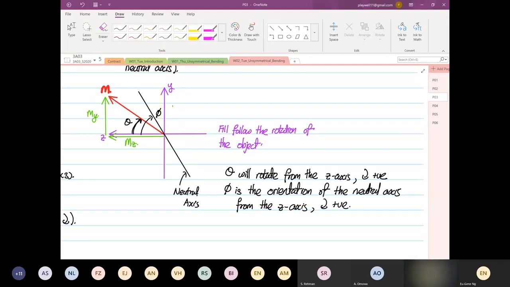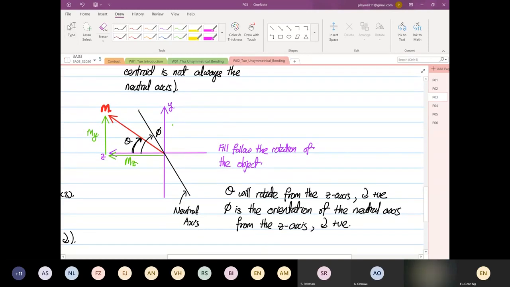So over here, if we pick a point, we know that the point will have a position. This is your y, and this position from here to here is your z.